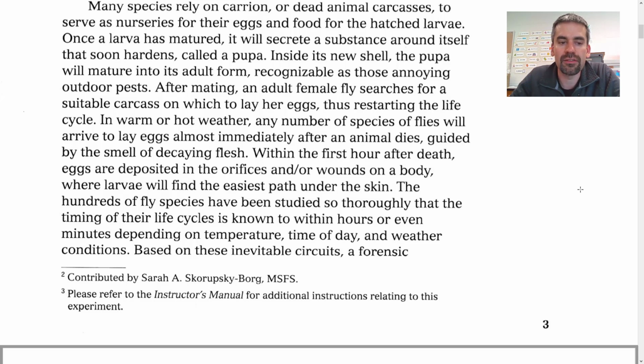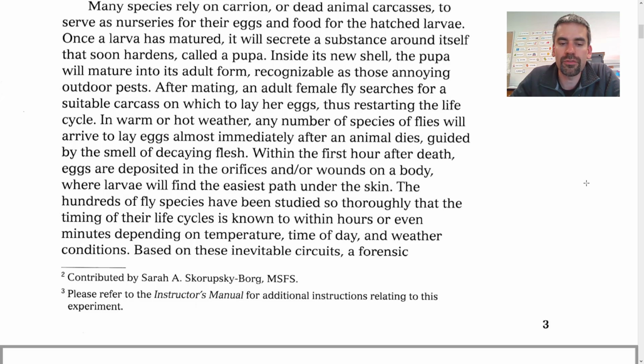The hundreds of fly species have been studied so thoroughly that the timing of their life cycles is known to within hours or even minutes, depending on temperature, time of day, and weather conditions.